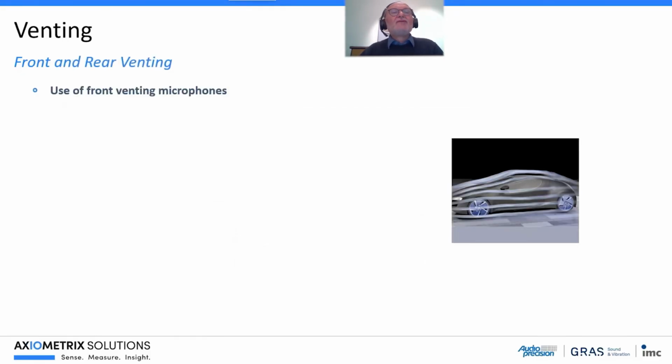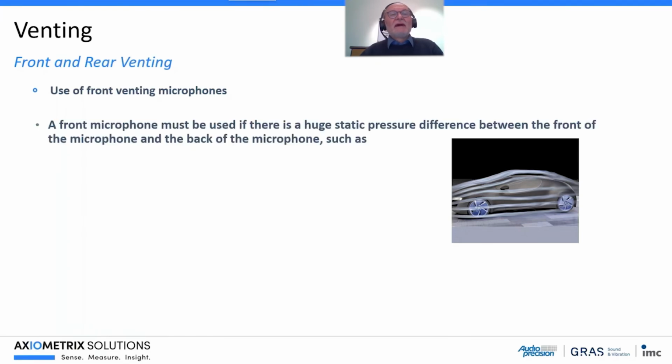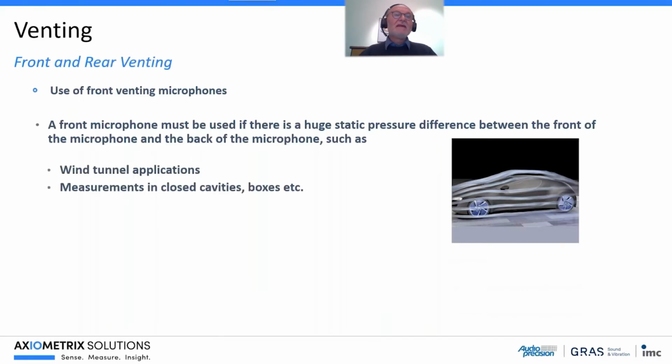Where do we use front- and rear-vented microphones? Front-vented microphones are used in situations where we have a huge static pressure difference between the front of the microphone and the back of the microphone. It could be in wind tunnel applications where we have mounted the microphone in the wall of the wind tunnel.